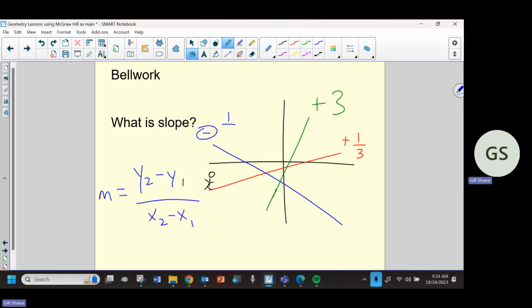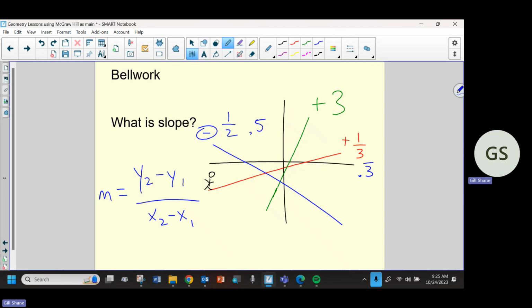Well, no, it's definitely lower than that. It's not even 1. It'd probably be more like a 1/2, because 1/2, if you don't know, is a bigger number than 1/3, and it's a little steeper than 1/3. It might be 3/4, but again, if you think of decimals, this one's about 0.3. This one might be about 0.5, maybe 0.7, something like that.